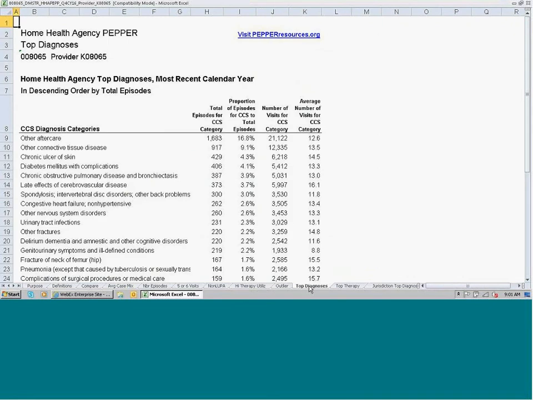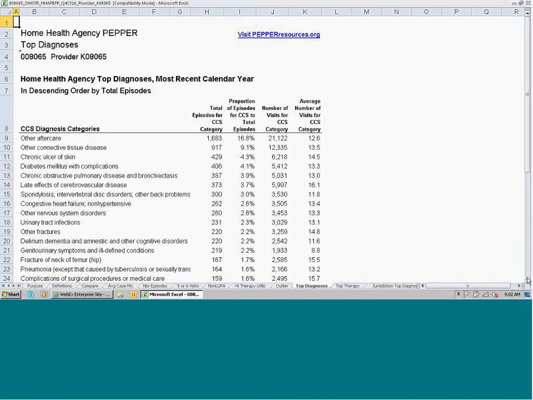Within the home health PEPPER, we also have a couple of reports. We call them top reports, and so I'll review those quickly. This first report here is the top diagnoses report, and it identifies for you the top diagnoses for the most recent calendar year by total episodes. We're looking at the CCS diagnosis categories. So we'll identify for your agency the total number of episodes for that category, the proportion of episodes to total episodes, the total number of visits for that category, and the average number of visits.